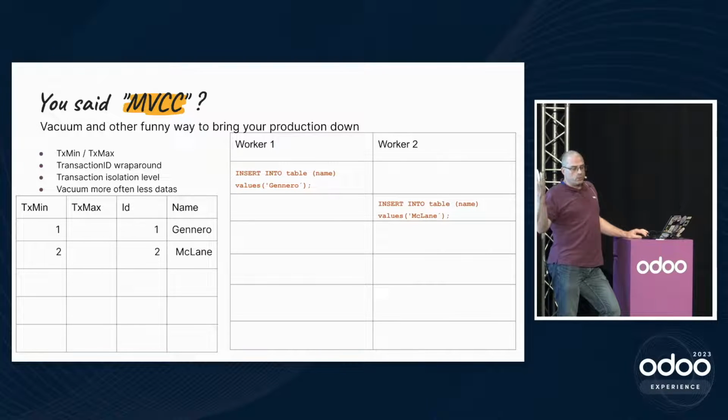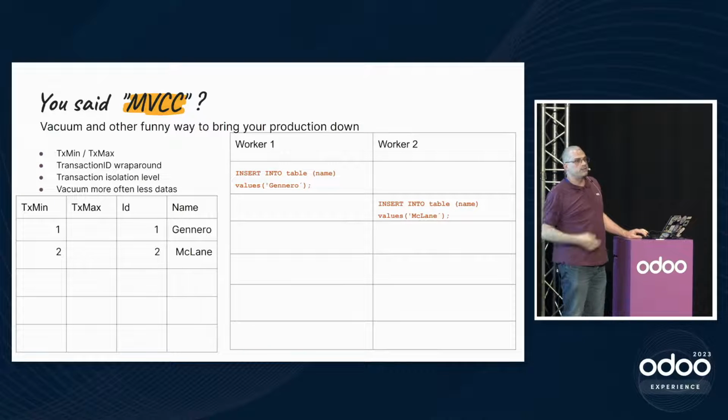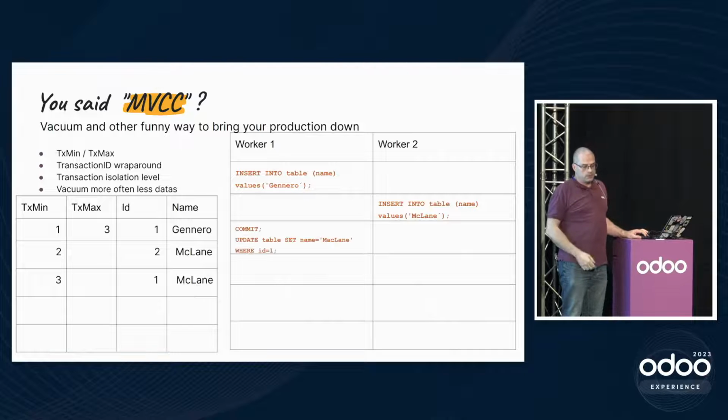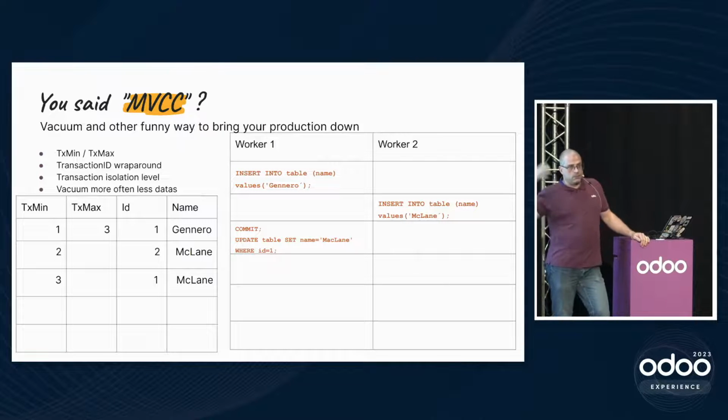When a second worker starts, it gets another connection ID, and the first worker will not see the second record. Why? Because the transaction ID minimum is 2, and the first worker has the transaction ID of 1. So the first worker commits his work and starts a new transaction.